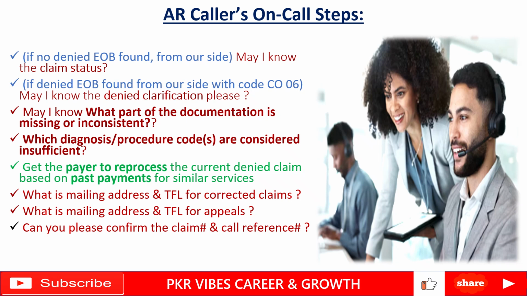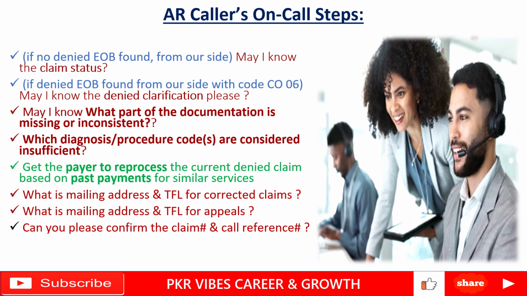Why? Because if the procedure code needs to be changed, then after that we should change it and submit the corrected claim. That's why you should take the corrected claim mailing address and timely filing limit over a phone call. And also you should take a mailing address and a timely filing limit for appeals on the claim. This is also one basic question.